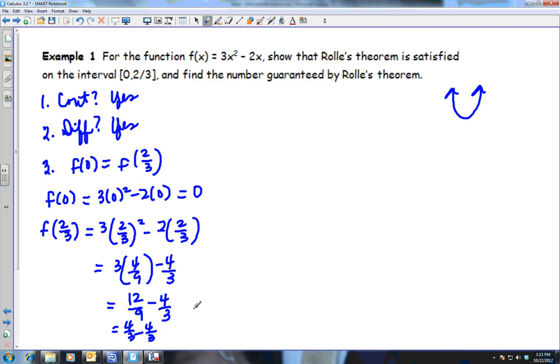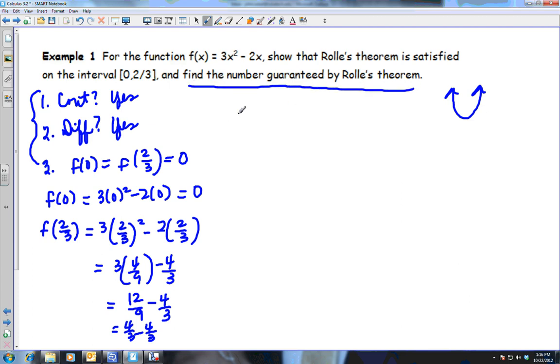So I get 0. So does f of 0 equal f of 2/3? Yes, because they're both equal to 0. So this means, since I answered yes to all three of these questions, that Rolle's theorem can be used for this. Now I want to find the number guaranteed by Rolle's theorem.